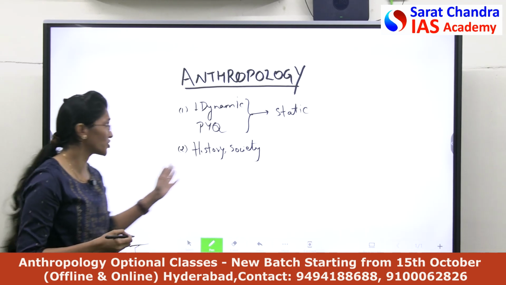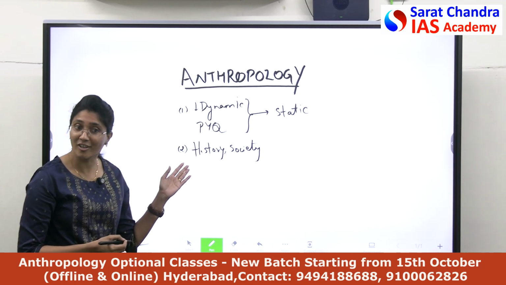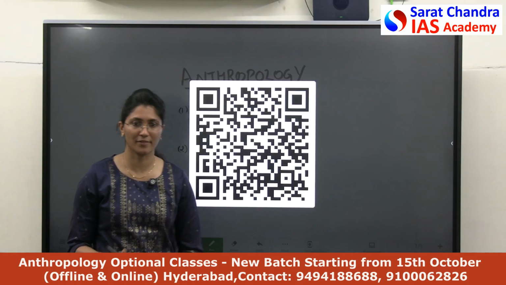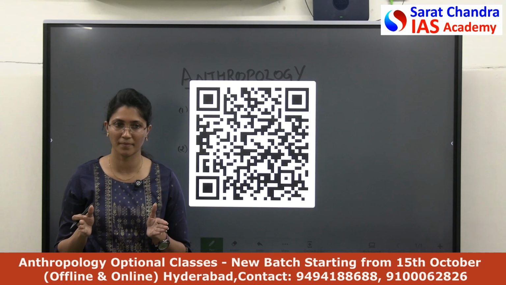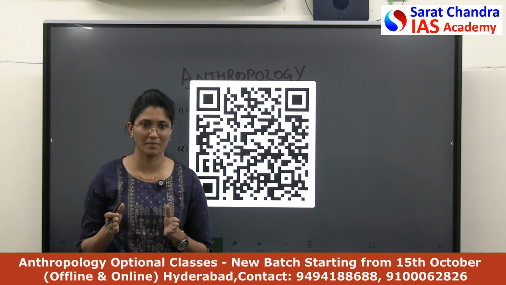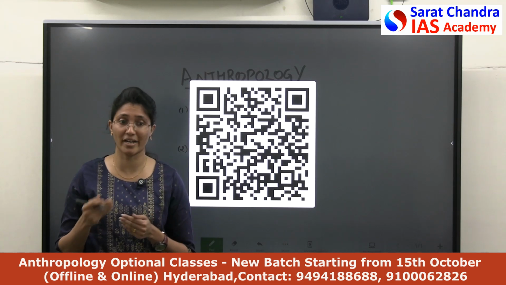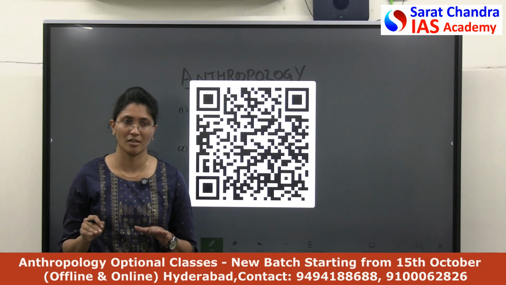How much does anthropology contribute to the main score? How many marks do the two papers carry? 500 marks. So do you know the highest scores of this subject? 300 plus, right? That gives you an edge above all GS topics.